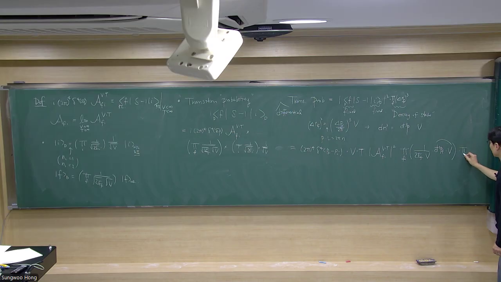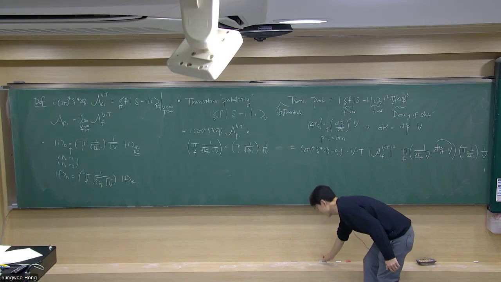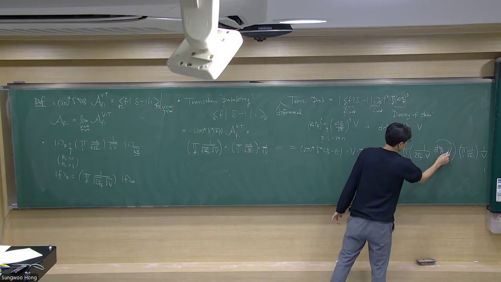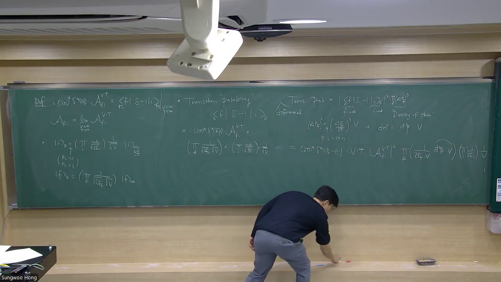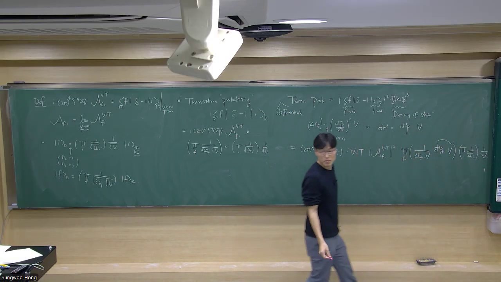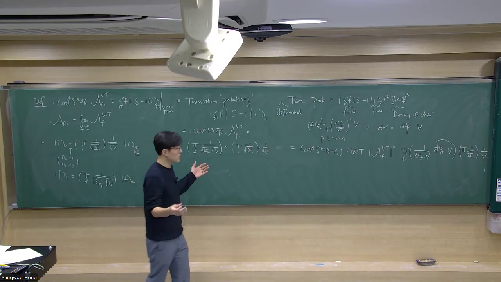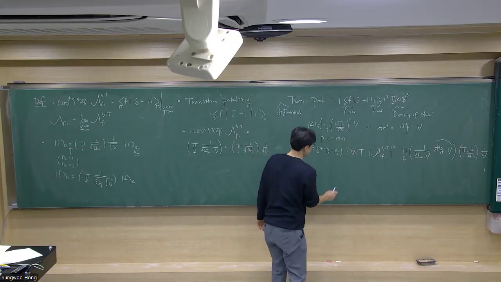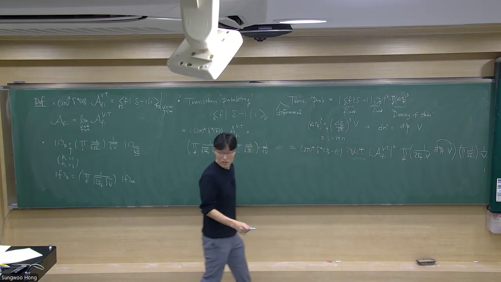And then for each initial state, I will have a 2E_I, and then I have an overall 1 over V. Good? I think I have done an honest job. Now let's clean up. So that V cancels. That's good. And then this V cancels. So at least the one big infinity goes away. Happy. We still have one infinity left over.